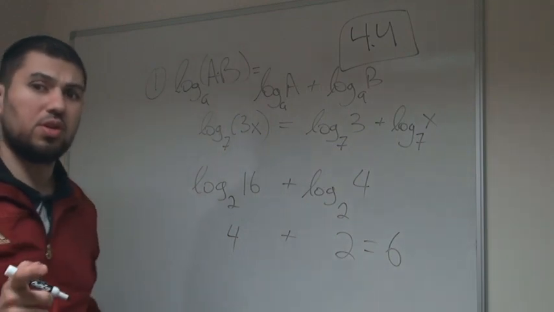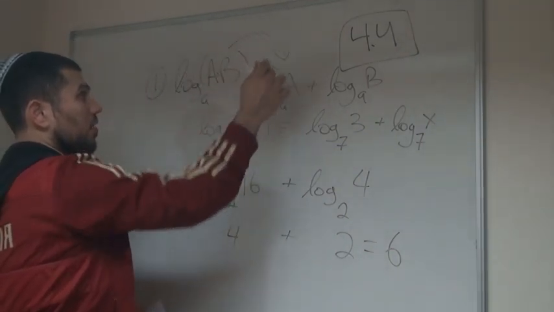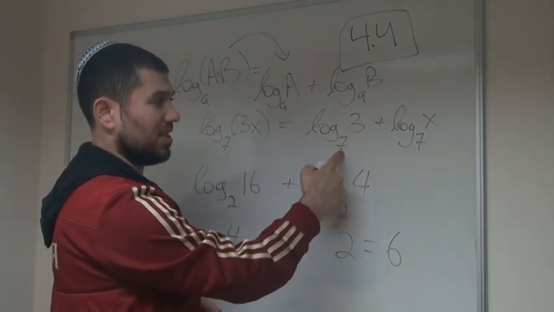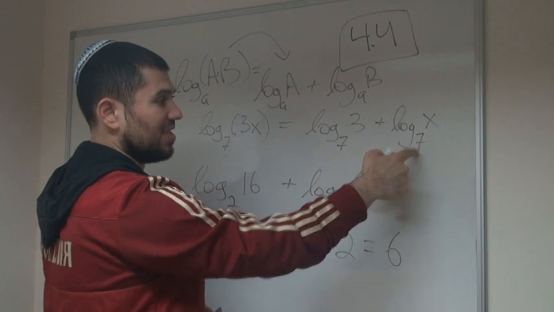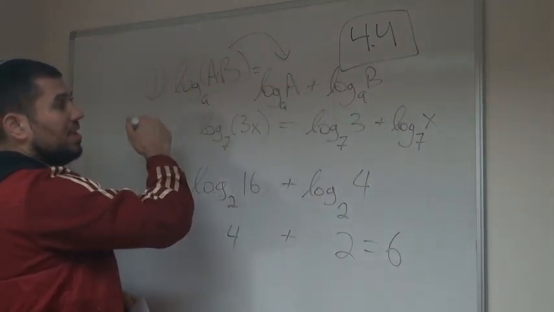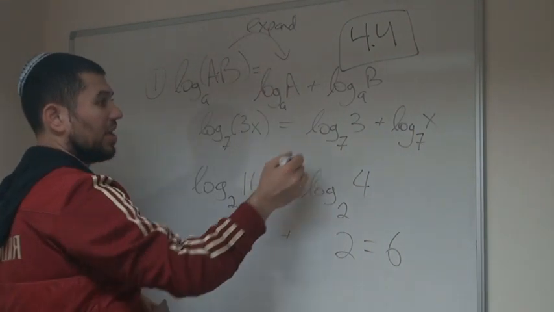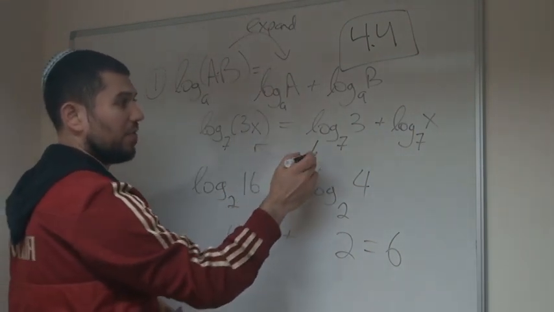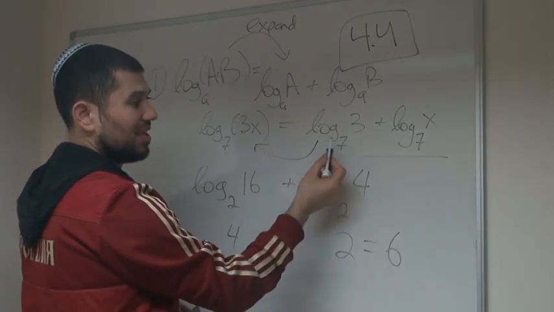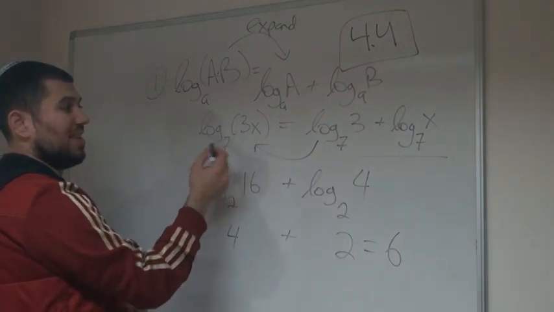It's also important to note, by the way, that these rules don't just work forward, they also work reverse. So if I were to see that log to the base 7 of 3 plus log to the base 7 of x, working in this direction is called expanding. Working in the reverse direction, so if I was given this term, I can combine the terms because they have the same base, and I could say that's equal to log to the base 7 of 3x.